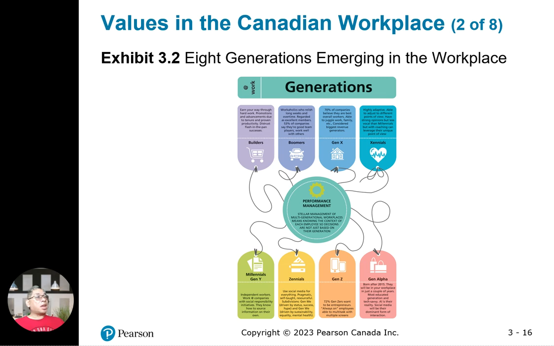Okay, Gen Z: 72% want to be entrepreneurs, always on, employees able to multitask with multiple skills. Meanwhile, Gen Alpha is after 2015. They will be in your workplace in just a couple of years. Most educated generation, tech savvy. AI is their reality. Social media will be the dominant form of interaction. So each generation has different cultural values, as you see here. That's basically what it is.